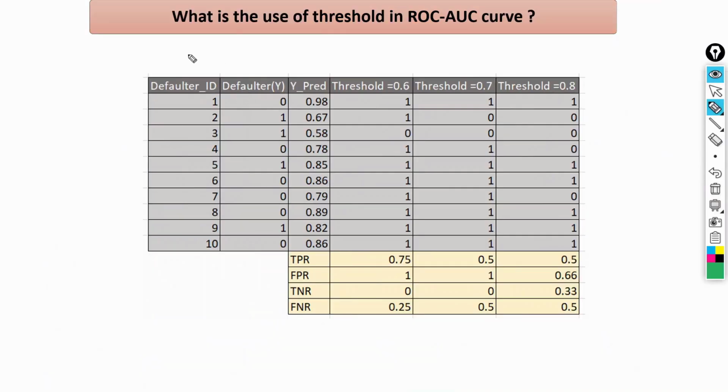Let's check how we can use the threshold value. If you see here, this is a classification problem. This is your input, this is your output, this is your y-hat, meaning the predicted output. This output is in the form of probability. Now we have to convert it into 0 and 1. How can we do that? We can use different threshold values. If you see here, I use 0.6, so all the values above 0.6 are 1, this is your 1, this is your 1. Below 0.6 is 0.